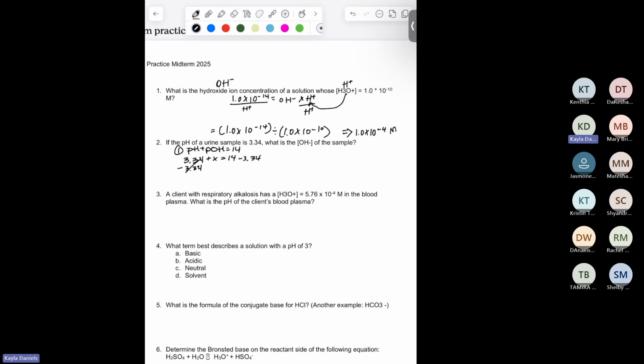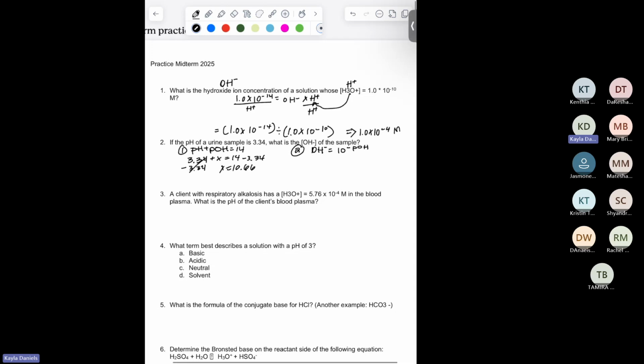Fourteen minus 3.34. So here, first step, I got my pOH equals 10.66. Second step now, I want to use OH equals 10 to the negative pOH.